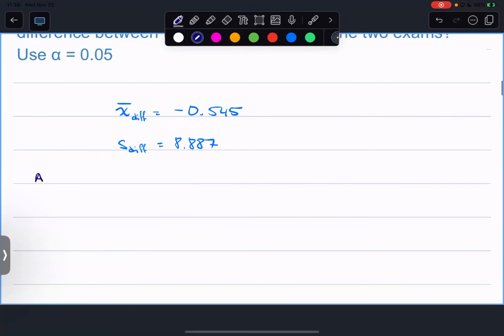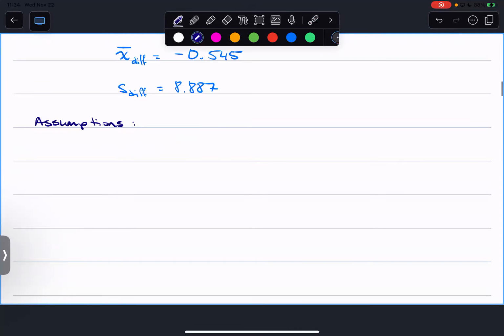I'll start with our assumptions so you can see how brief we can be. Independence: students were randomly sampled.